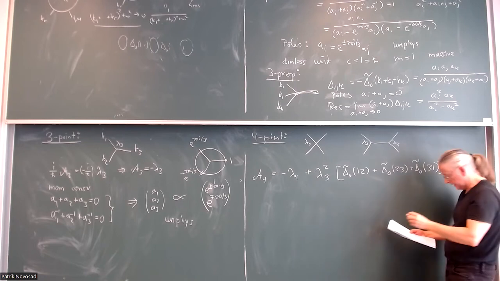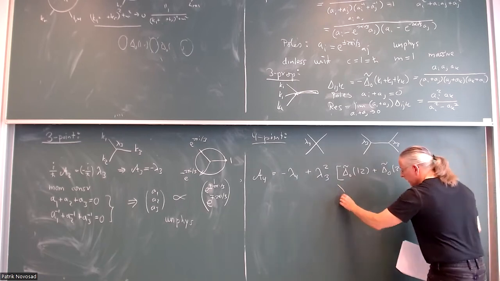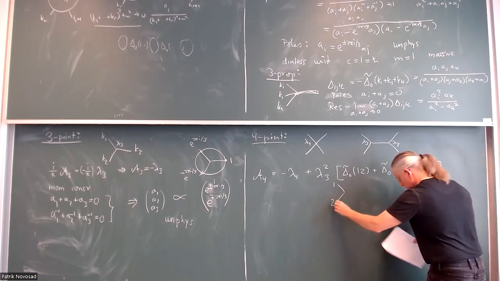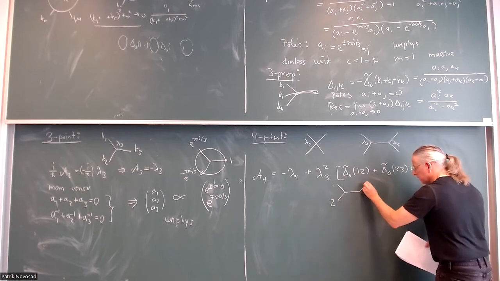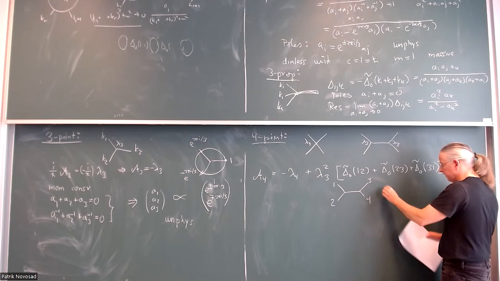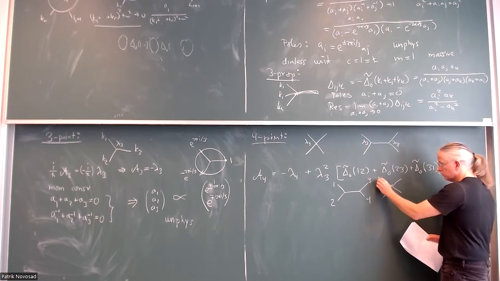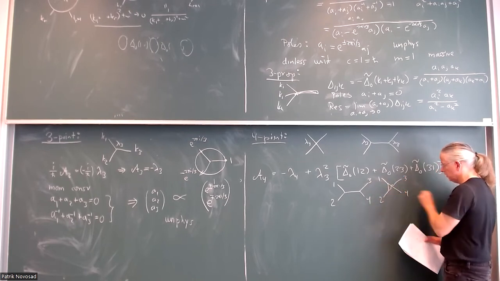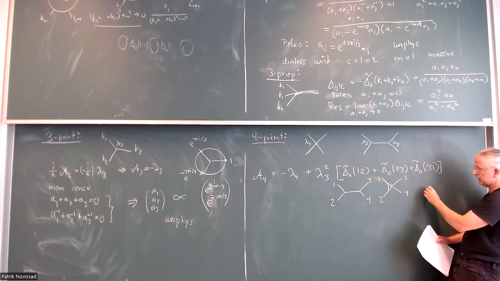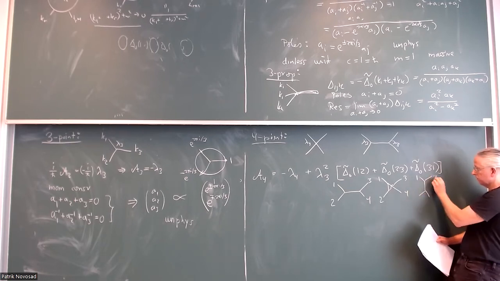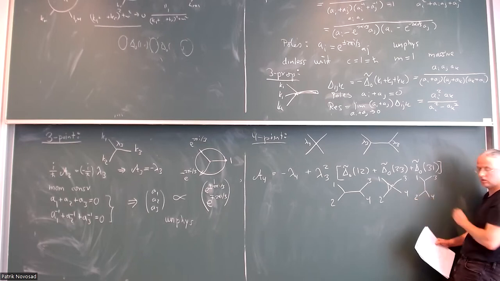Like this. And this has to do with that you can have 1, 2, 3, 4, but you can also have 1, 2, 1, 2, 3, 4, or you can have the last one, I guess something like this: 1, 3, 2, 4.